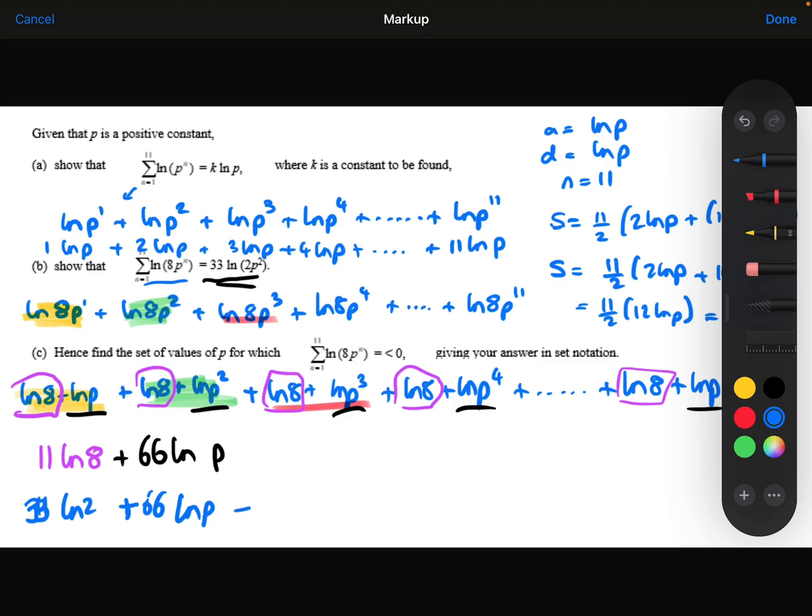I could factorise 33 outside. And then I'm actually going to take that 2 and move that to be a power here, so that I can then combine those two logarithms together to be 2p squared. And that's what we needed to show for part B.